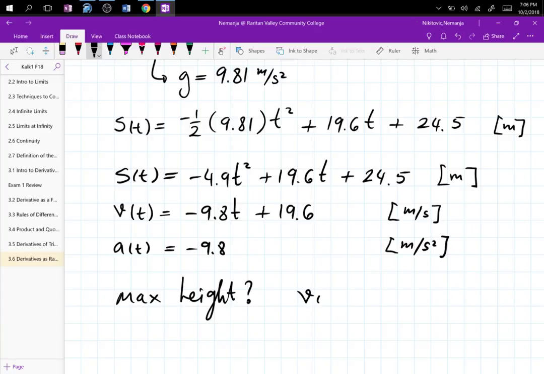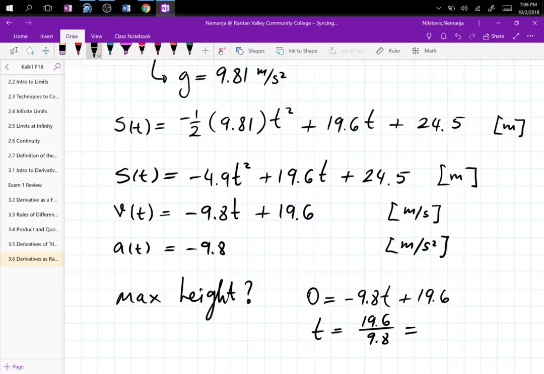We calculate V of 0. V of 0 equals negative 9.8 times time plus 19.6. So time is going to be 19.6 divided by 9.8.